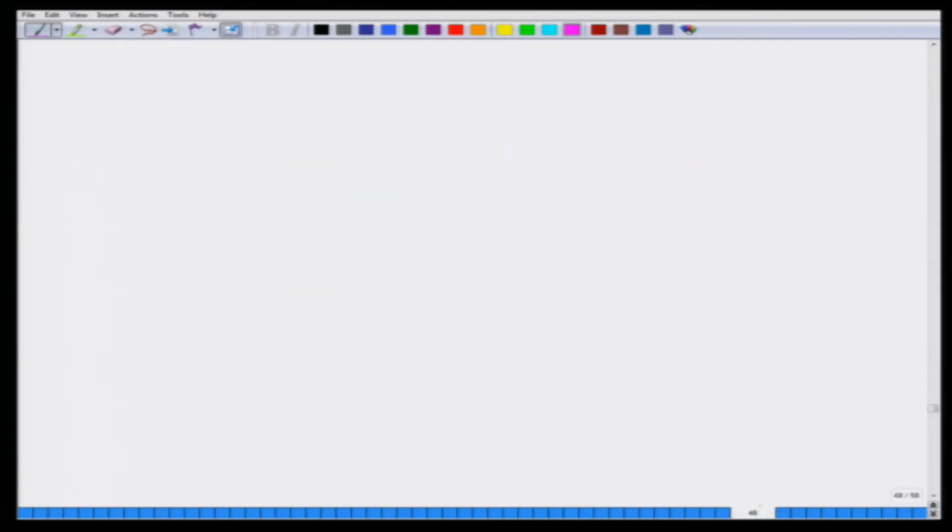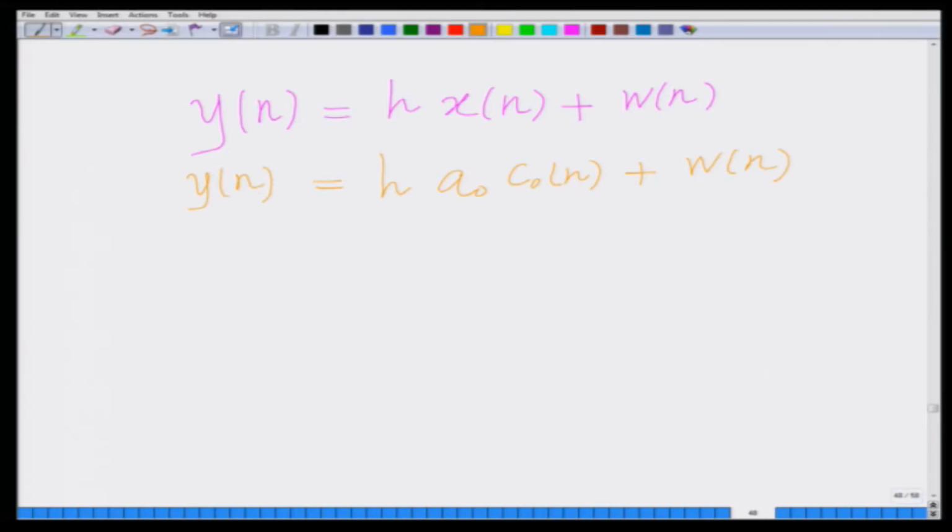Now let us substitute our CDMA symbol. We have Yn equals h times xn plus Wn, but xn is equal to A0 times C0 of n. We have already seen that, that is the product of the symbol and the code, and as a result I have Yn is equal to h times A0 C0 of n plus Wn.